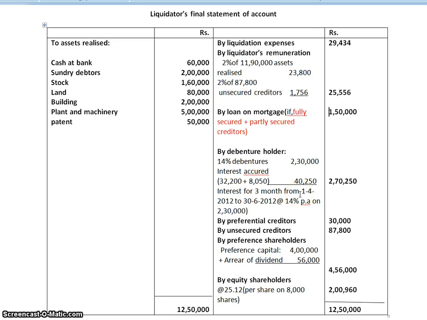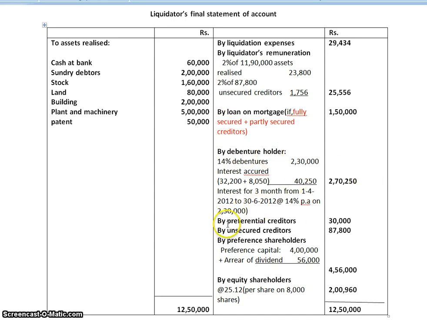It starts from 31st March, but we will take it from 1st April, so 1st April to June covers 3 months at the rate of 14% on the principal amount of 2 lakh 30,000. So it is 8,050 rupees. So in total 40,250 rupees of interest. So in total 2 lakh 70,250 rupees is due to the debenture holder, which will be paid.